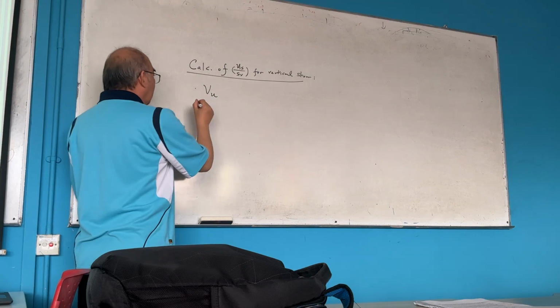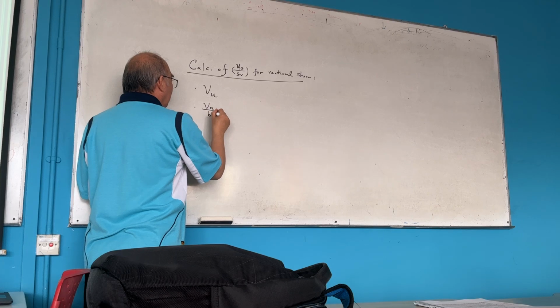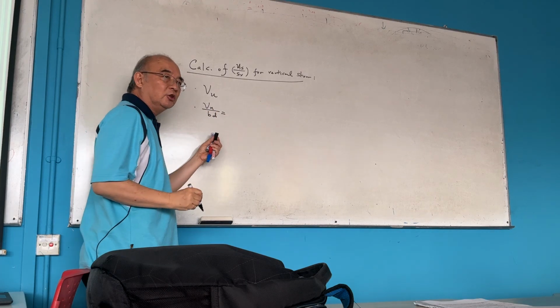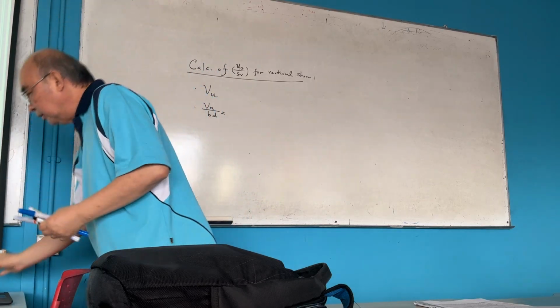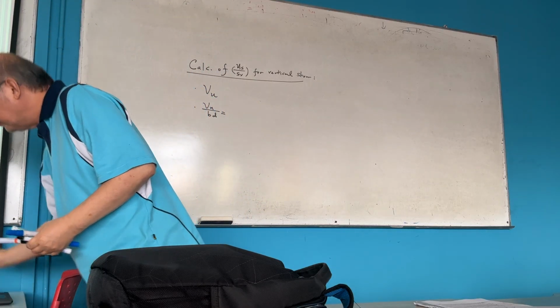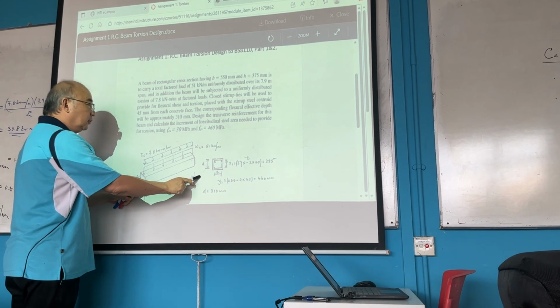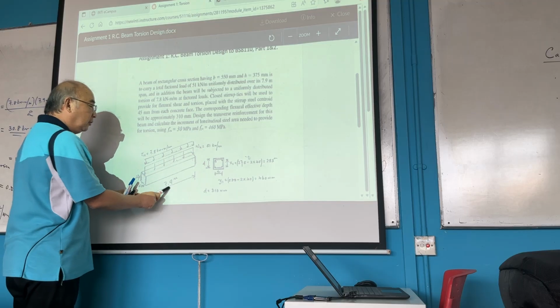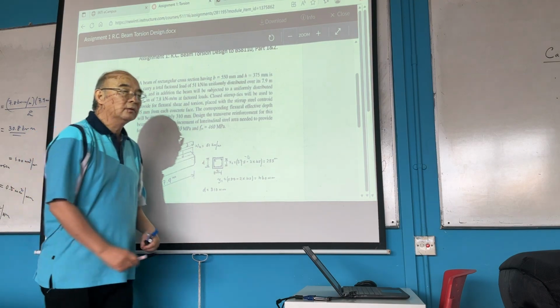Then from there, we calculate VU divided by BD, which is the design shear stress. For example, in this example the distributed load is 51 kilonewton per meter over 7.9 meter. The total load is 51 multiplied by 7.9, and then divided by 2 supports.